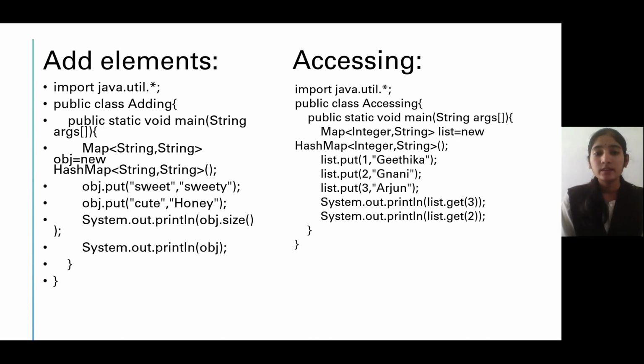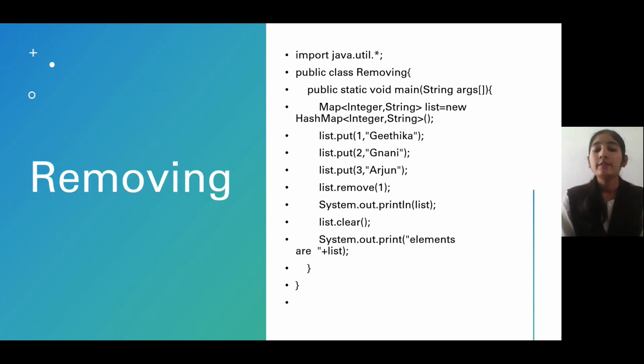And then removing. Here we'll use the remove method, and if you want to remove only one item, you will use the remove method. If you want to remove more than one item, or we have to clear all the objects in the map, then we will use clear method.